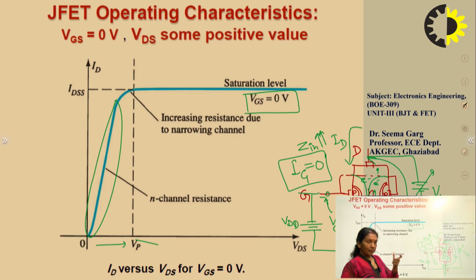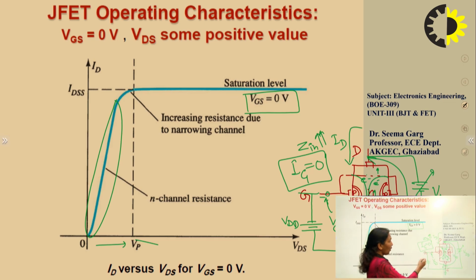If depletion region is increasing, it means the path which is available for the flow of the charge carrier is reducing. That means the resistance is increasing. That means as you keep on increasing the VDS, your current is increasing, and also the resistance is increasing in the circuit.